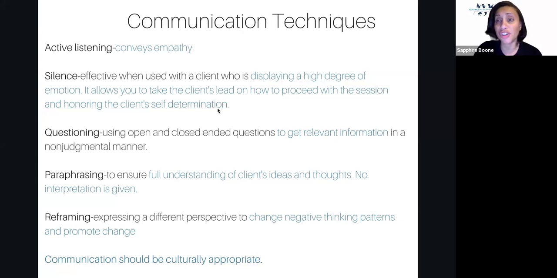If your client is currently crying, if your client is not able to maybe move forward with the session because they're very upset emotionally, then we should honor the client's self-determination. If our client does not want to proceed with a certain topic, we should not push them, especially if they are crying or having some type of emotional reaction.